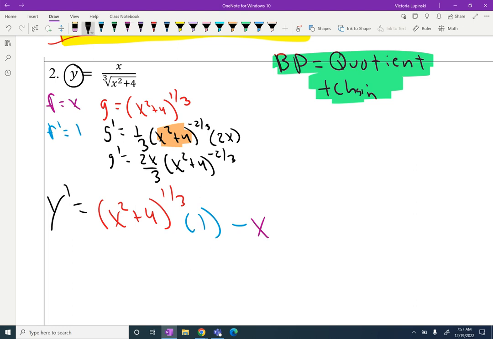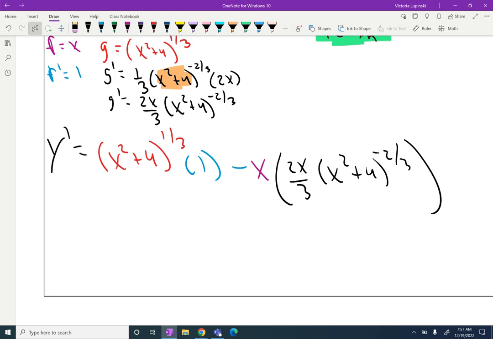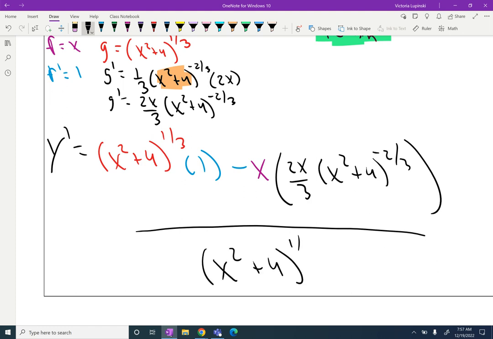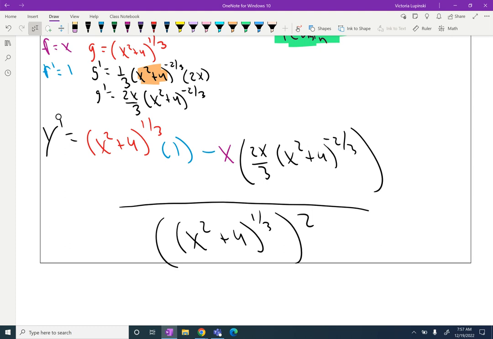And then you're going to multiply it times the derivative of g, which is 2x over 3 times x squared plus 4 to the negative 2/3 power. And remember, this is all over the denominator squared. So x squared plus 4 to the 1/3 squared. So take a minute to look at it, see if it makes sense.